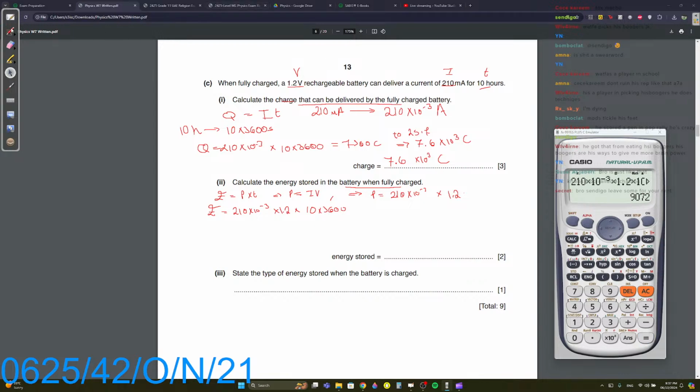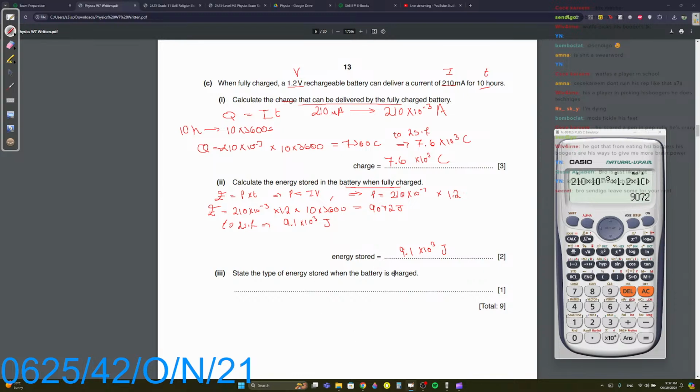You're going to get 9,072 joules. But they wanted 2 significant figures, so it's going to be 9.1 times 10 to the power of 3 joules. Please don't forget the unit.